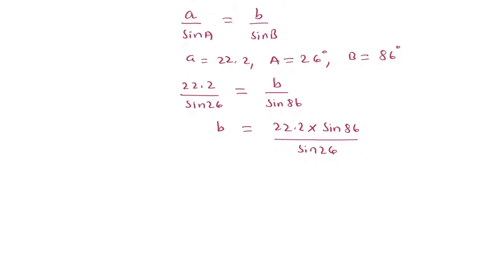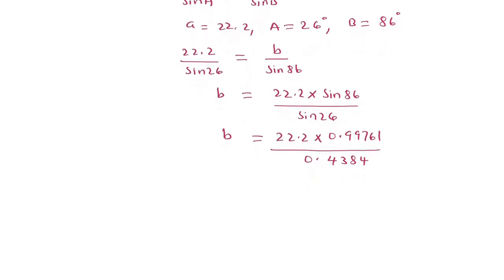Reading the values of these sines from the table, our equation is going to be b equals 22.2 times 0.99761 over 0.4384.